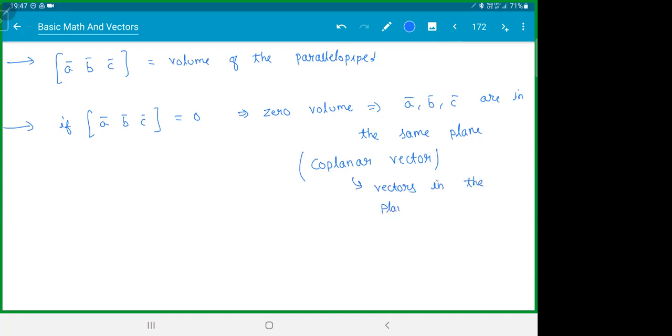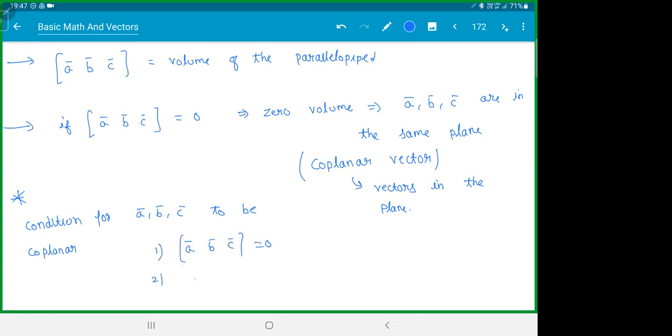In the exam, they can ask you like this: what is a condition for coplanarity? There are actually 2 things we can use. Condition for A bar, B bar, C bar to be coplanar: one, the box product is 0.